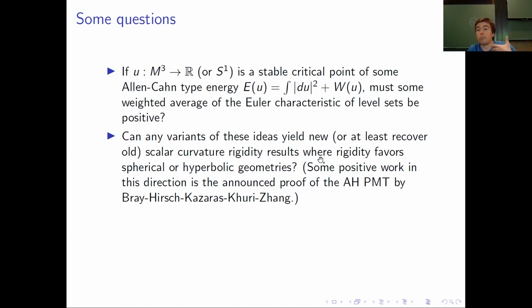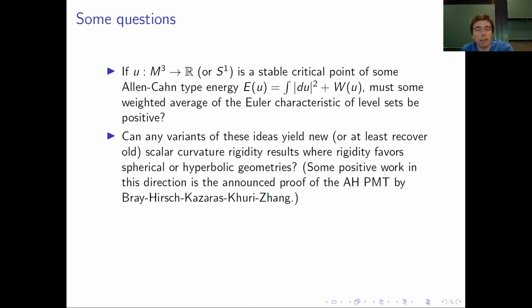First of all, this Montiano-Wang result was a rigidity result for hyperbolic metrics, right? So that's nice. And there's also been announced a proof of the asymptotically hyperbolic positive mass theorem using these methods by Bray, Hirsch, Kazaras, Khuri, and Zhang. So at least in the hyperbolic setting there seems to be something, maybe in the spherical setting too. Maybe looking at analogs of these mu-bubble techniques is the natural thing to investigate there.